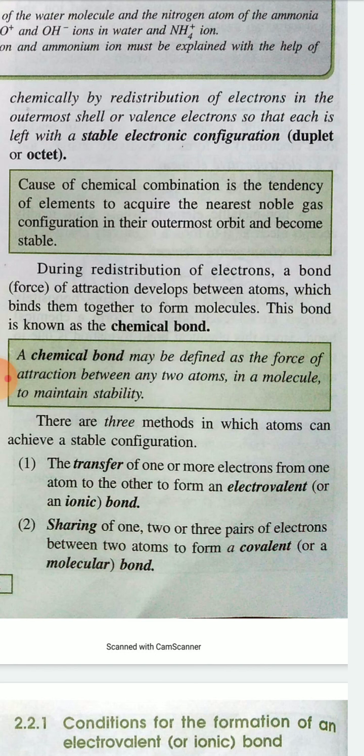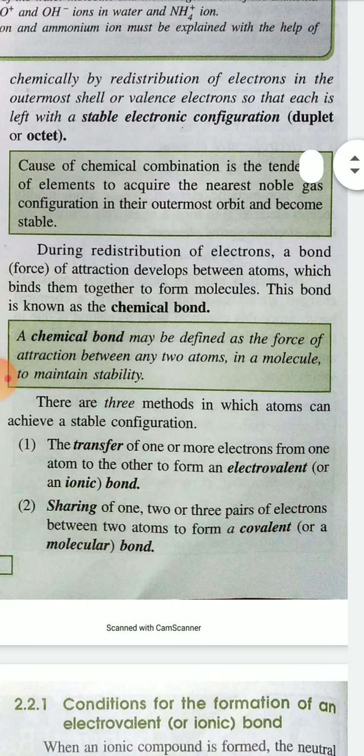Second, by sharing of one, two, or three pairs of electrons between two atoms to form a covalent bond or a molecular bond. So the first case is transfer of electrons from one atom to another, and the second case is sharing of electrons between two atoms.